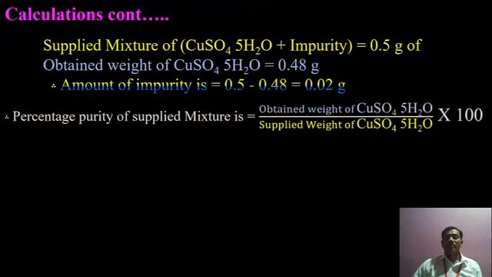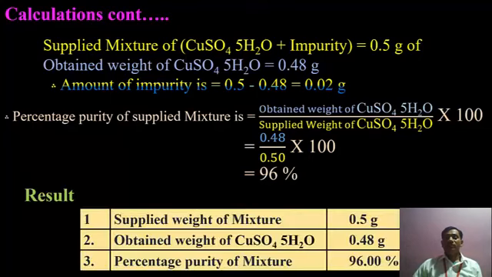Therefore, the percentage purity of the supplied mixture is equal to the obtained weight of copper sulfate pentahydrate divided by the supplied weight of copper sulfate pentahydrate into 100, which is equal to 0.48 divided by 0.50 into 100, which is equal to 96%.